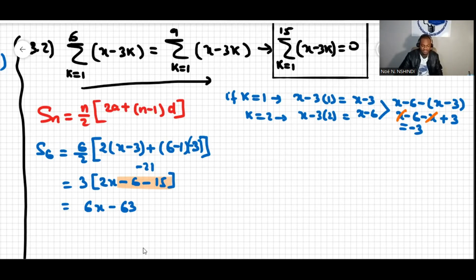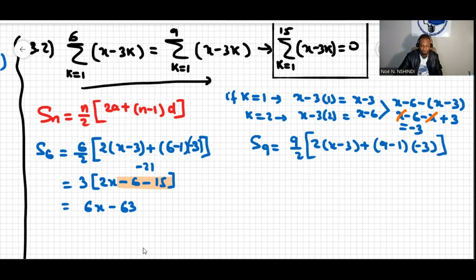Now S9 will be equal to 9 over 2, open square bracket, 2 times x minus 3, plus 9 minus 1 times negative 3, the constant difference. Then this will be 9 over 2, open square bracket, 2x minus 6, and then plus 9 minus 1 is 8. 8 times negative 3 makes negative 24.